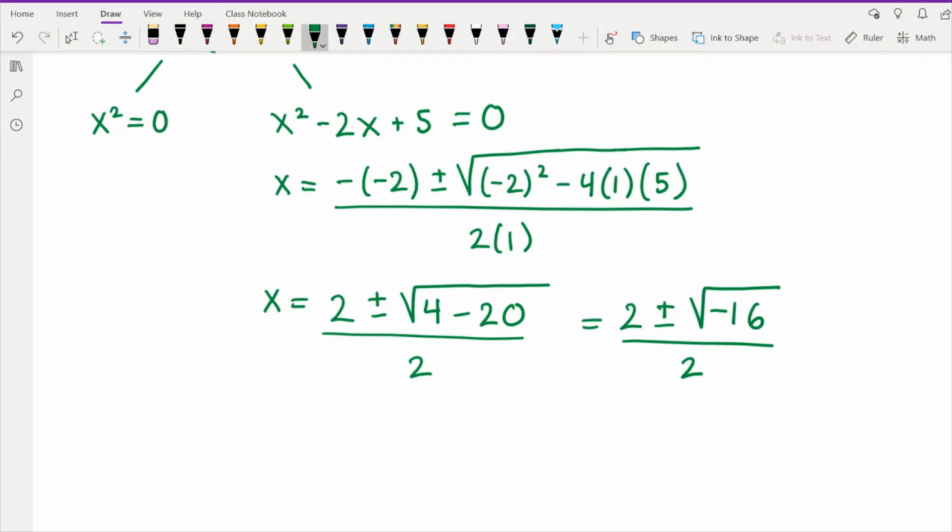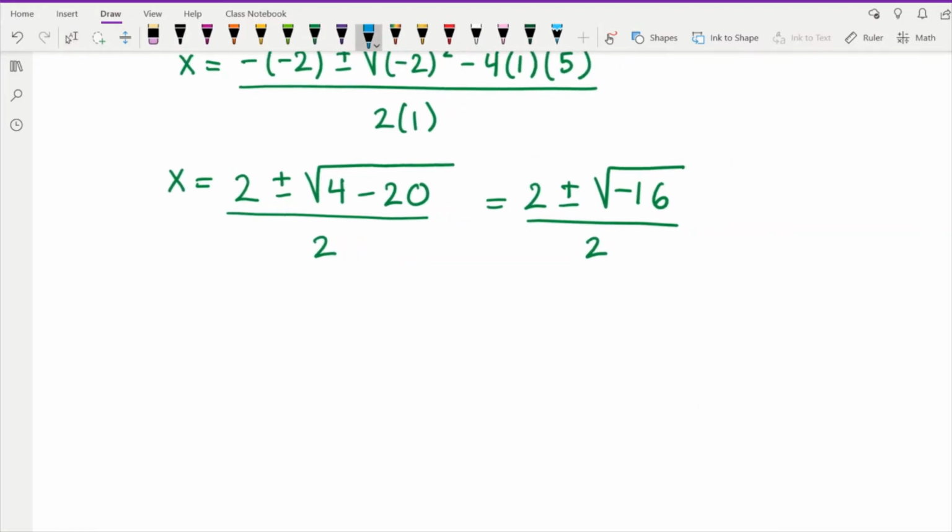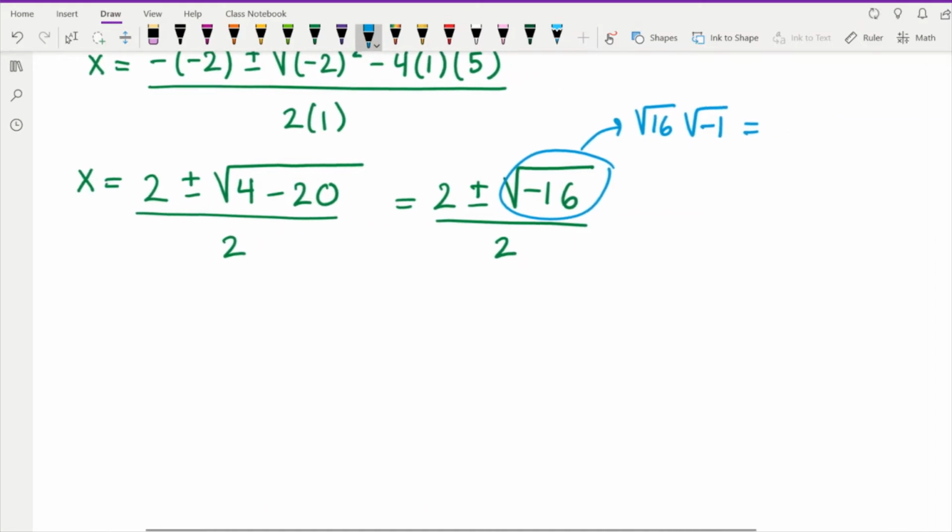Just because there's no real solutions, that doesn't mean that there's no solutions. We can keep going and write down complex solutions. We learned in the quadratic function section that we can rewrite the square root of negative 16 as the square root of 16 times the square root of negative 1, which is equal to 4 times i.